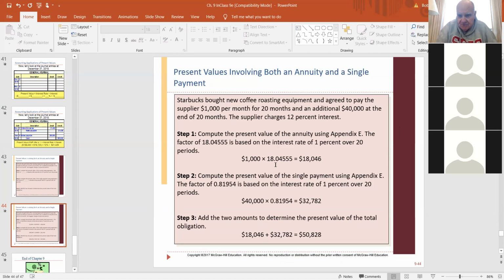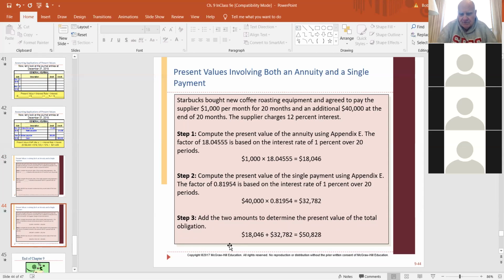So the present value of this bond, I'm calling it a bond, it's really not, but it's like a bond, is this entire investment: the 18,046 plus the 32,782. Make some sense? A little bit, yes.